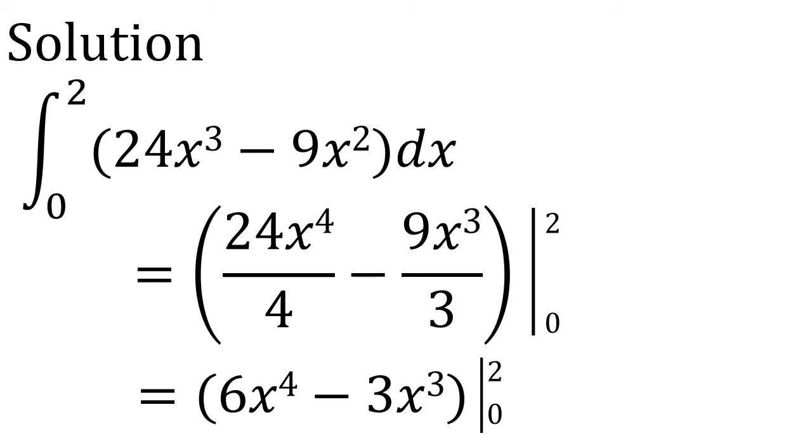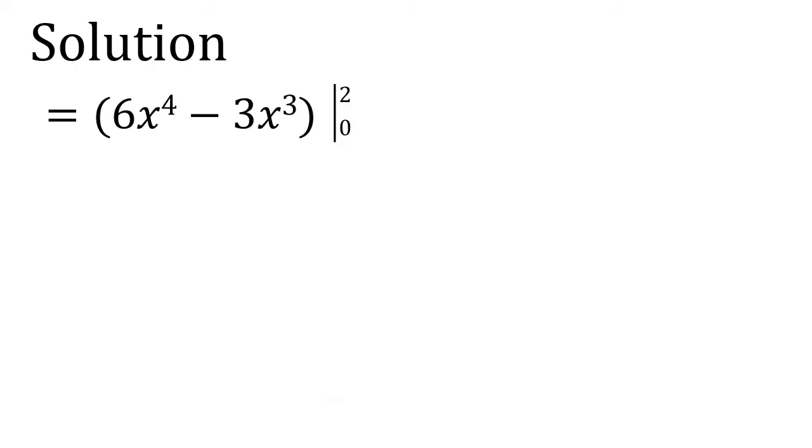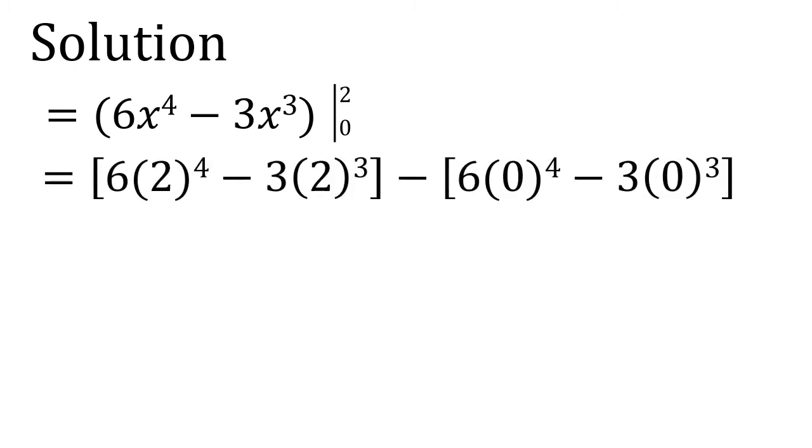So now let us substitute the upper and lower limits. First, let us substitute the upper limit. So let us substitute 2, then minus, substituting the lower limit to x.